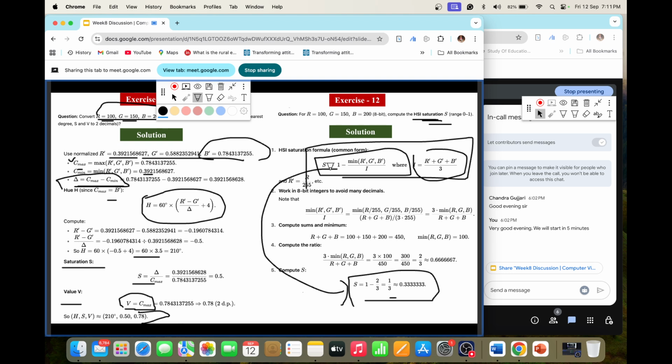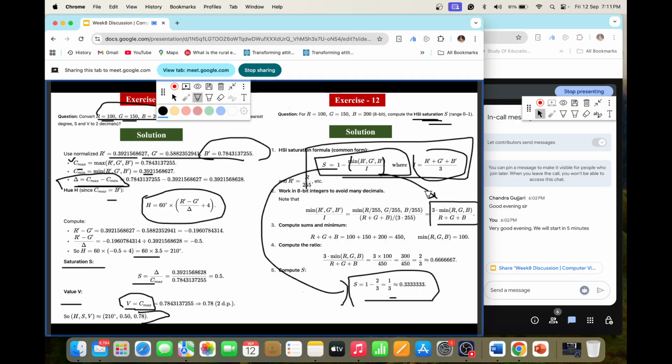And if I simplify the formula, what you can do is write the minimum of R dash, G dash and B dash as the minimum of R by 255, G by 255 and B by 255, and I can be written as (R plus G plus B) by 3 into 255. You can just cut off this 255 and keep only this part. So the minimum of R dash, G dash, B dash by I can be written in this form.